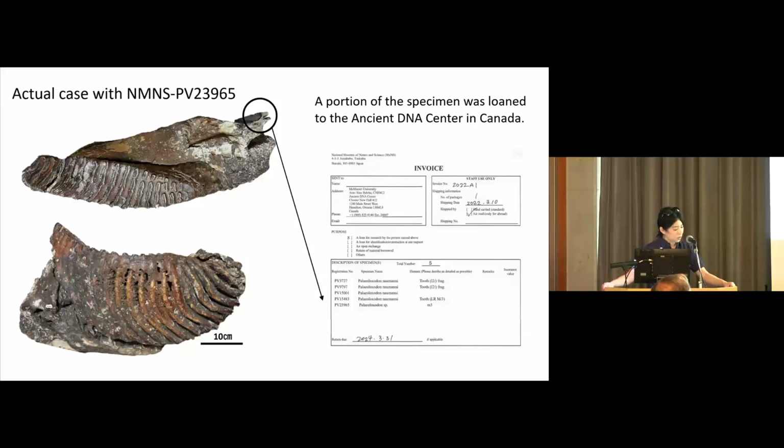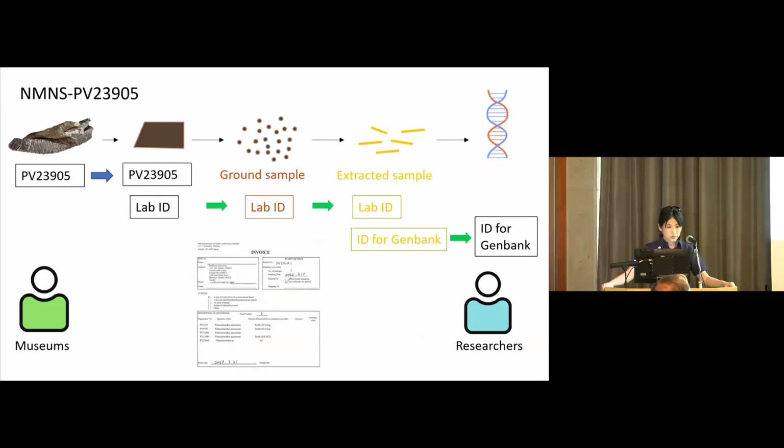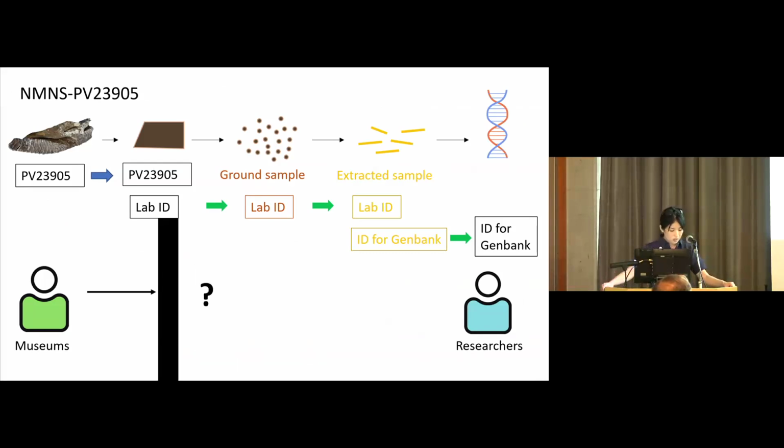I used a very typical long format to loan those samples, not really giving the sample to them. The portion of PV23905 probably went through the same process I just explained, but still I haven't received any information since the specimens arrived at their lab. And there seems to be a glass wall on the museum side.